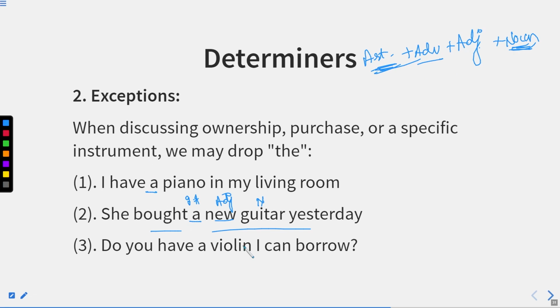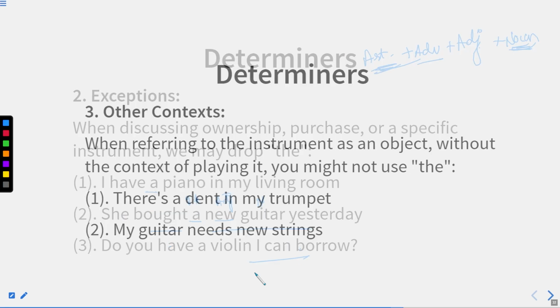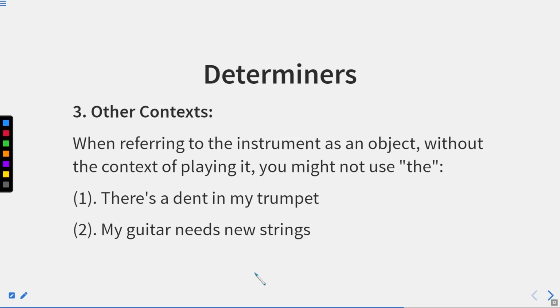Do you have a violin? I can borrow. So here as well we can use a because I'm just showing the specific instrument, or I'm showing the possession or ownership of that particular instrument. Now, in other contexts, when referring to the instrument as an object without the context of playing it, you might not use the. There is a dent in my trumpet.